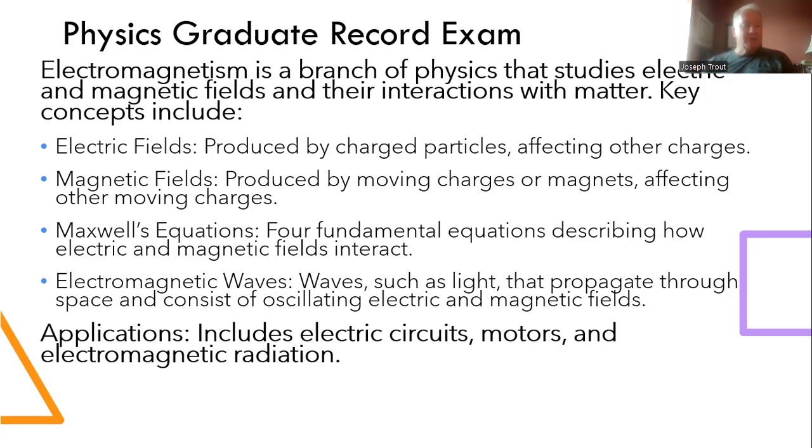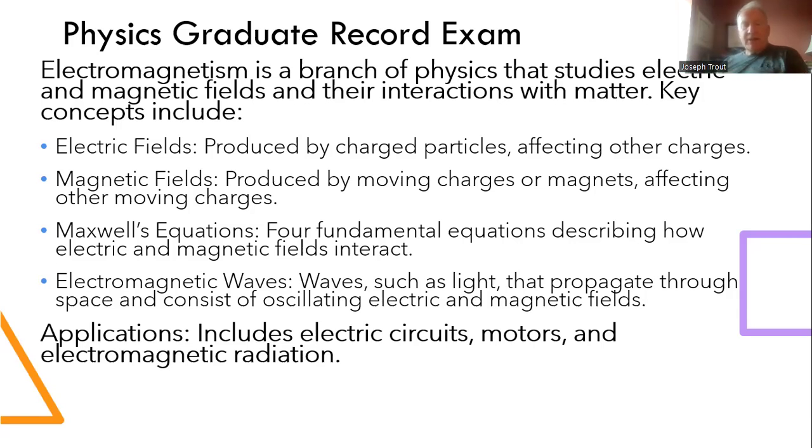We'll talk about Maxwell's equations. These are four fundamental equations describing how electric and magnetic fields interact. And we'll talk about electromagnetic waves. Electromagnetic waves are, for example, light. And we look at how they propagate through space and how they're actually oscillating electromagnetic fields.